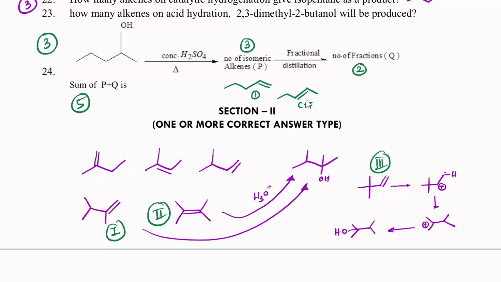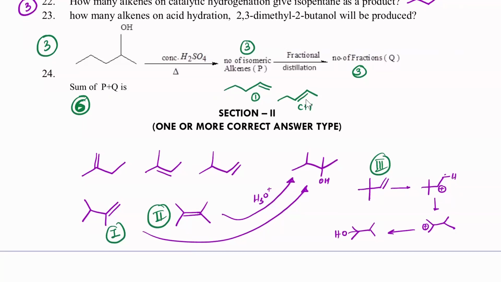Correct? But fractional distillations are three only, no? Because cis and trans can also be separated out. So six. Okay, so 3 plus 3 is 6.